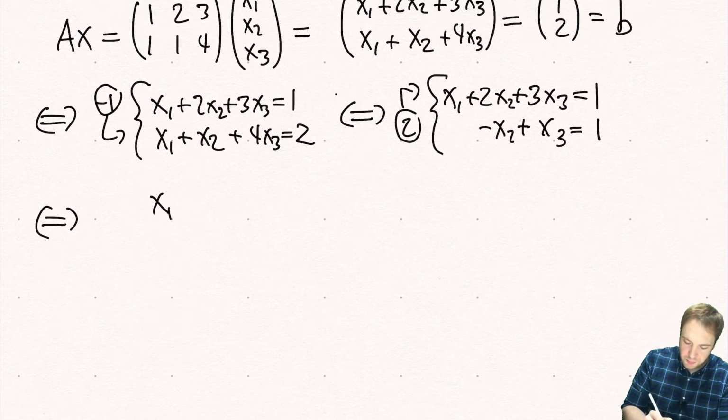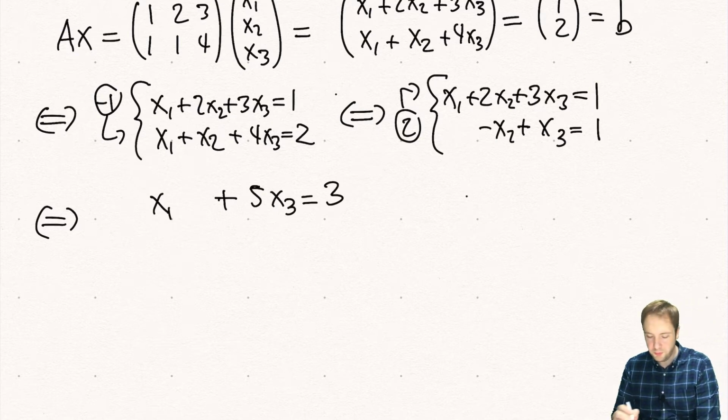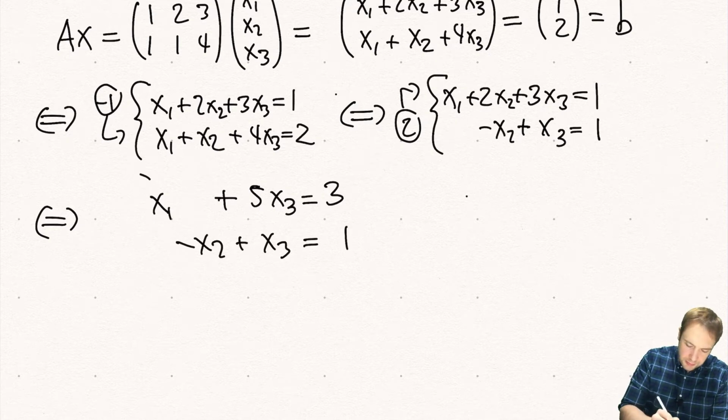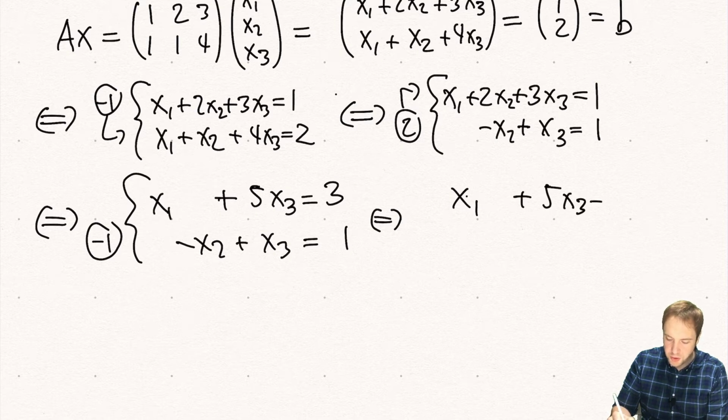And we add 2 to the 3, so we get 5x3 equals 3, because it's 2 plus 1. And here we still have -x2 plus x3 equals 1. And then in the end we can multiply this with -1, and we get the final form from which we can read off the solutions of this linear system.